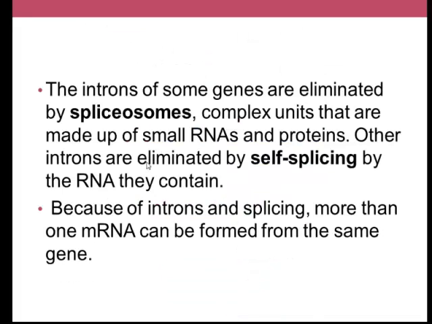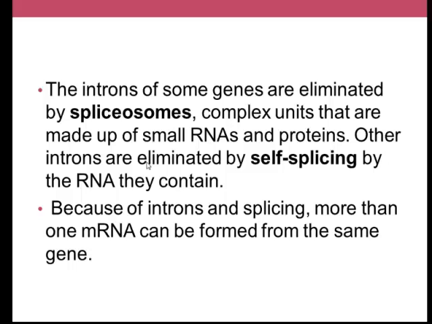The introns of some genes are eliminated by what's called spliceosomes. Spliceosomes are complex units made up of small RNAs and proteins. I have just said that we don't have only 3 types of RNAs.